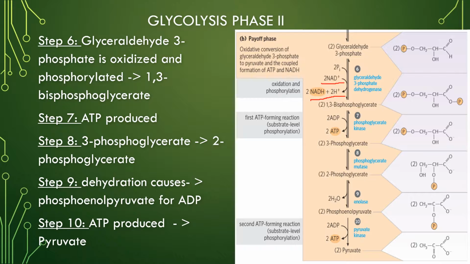Okay, so now we're going into the first of the ATP forming reactions, and that is done by taking the 1,3-bisphosphoglycerate and using a kinase enzyme to make it into 3-phosphoglycerate instead of the bisphospho.